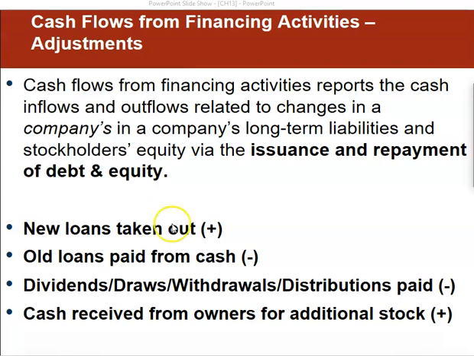But let's say that we're talking about a really small business, owner puts in $25,000 initially, and then maybe 6 months down the road, 8 months down the road, they put another $15,000 in. Well, that would be cash received from owners for additional stock in the company.